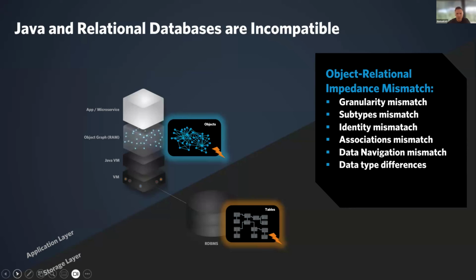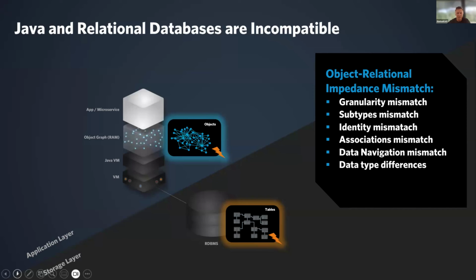challenges with the relational databases and Java as an object-oriented programming language. So the problem is we cannot store Java objects as they are in a relational database. So we have several impedance mismatches, and so we have to solve this problem, or there are frameworks that solve these problems for us.